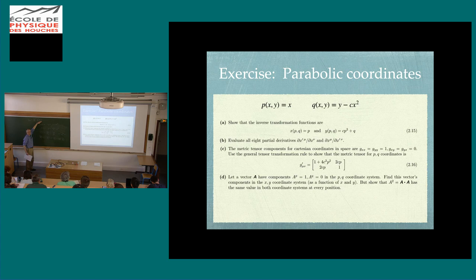So in fact, I'm transforming from the Cartesian coordinate system to the pq coordinate system. And what would that be? Well, it's going to be (∂x/∂p) squared times g_xx, right? Plus (∂y/∂p) squared times g_yy plus what? Why no others?